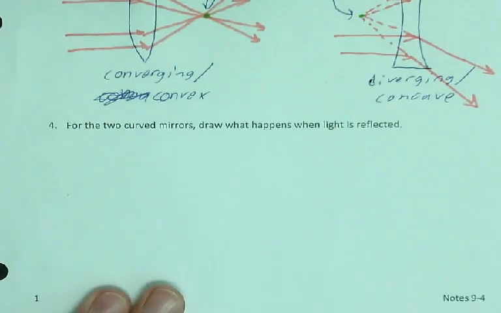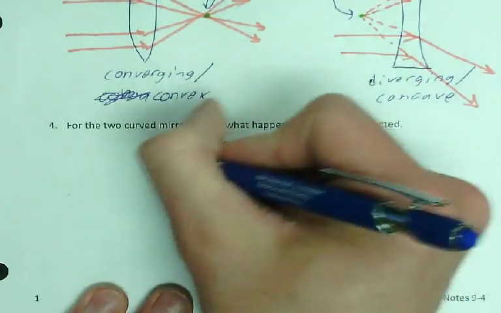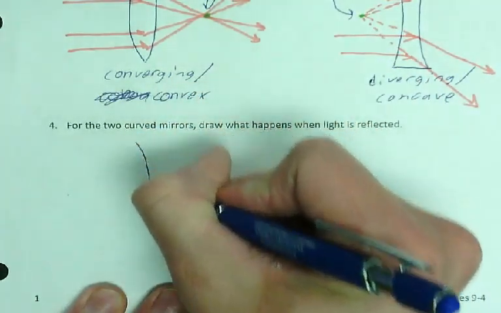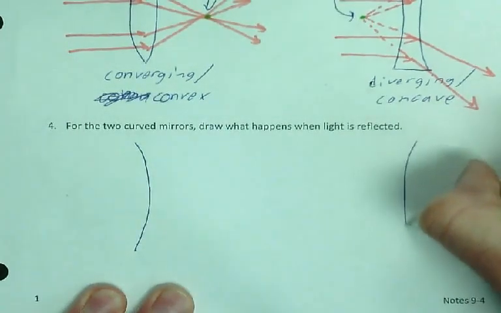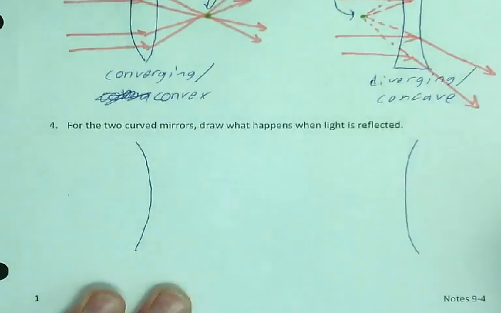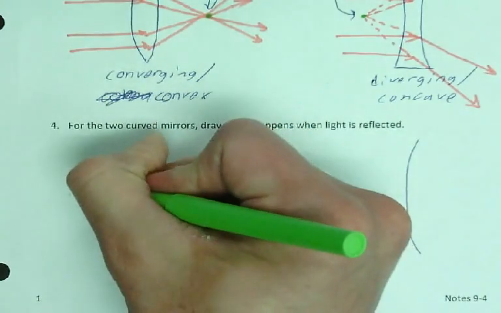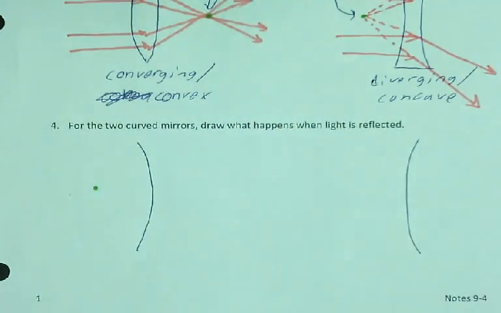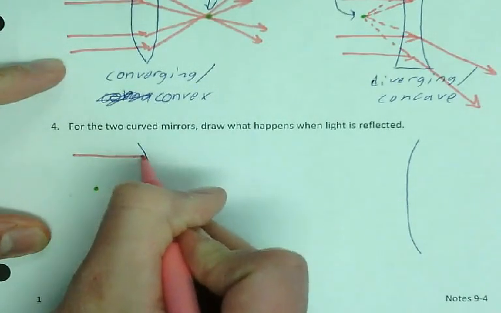That's right. So for curved mirrors, I'm going to do converging and diverging again. So here's a converging mirror. Here's a diverging mirror. So again, this is still the converging ones. Okay? And you're going to notice they behave in the exact same way, except they use reflection instead of refraction. So here comes the light in.